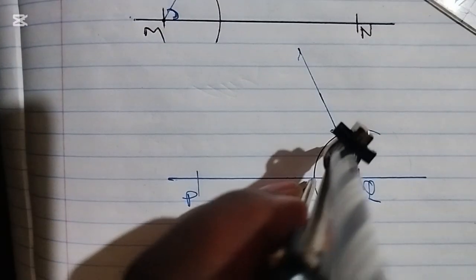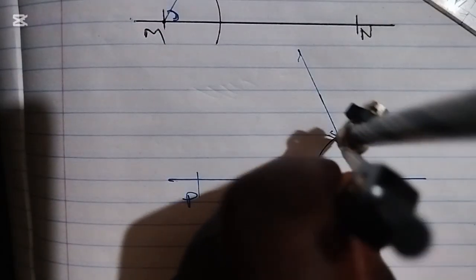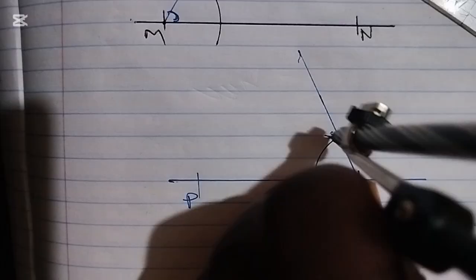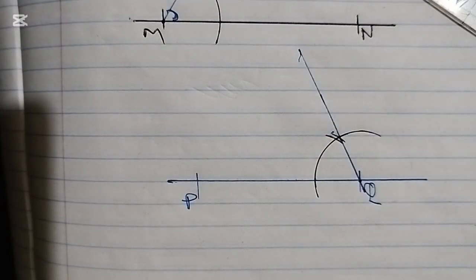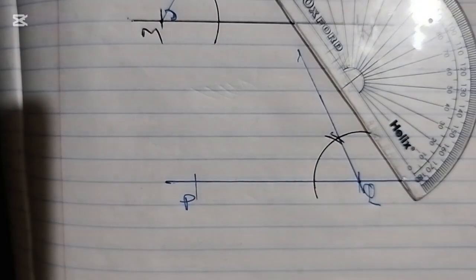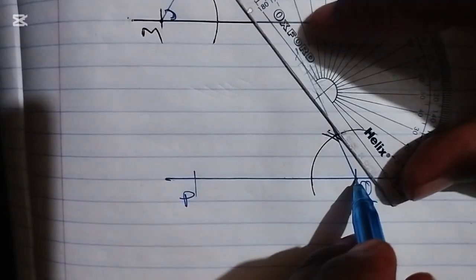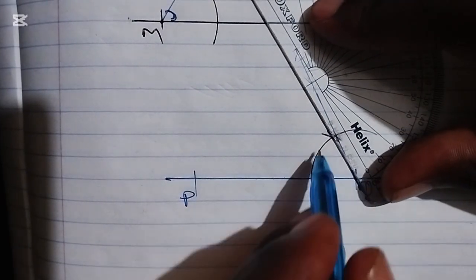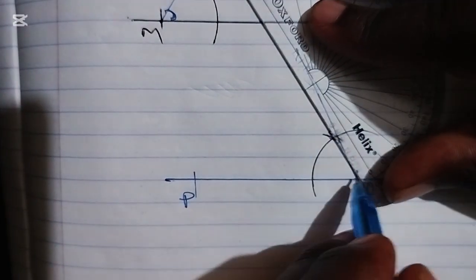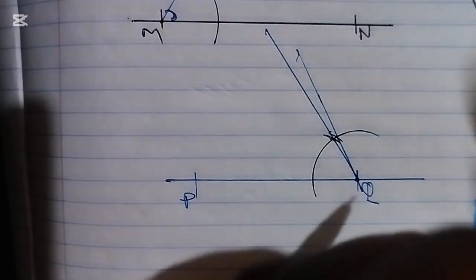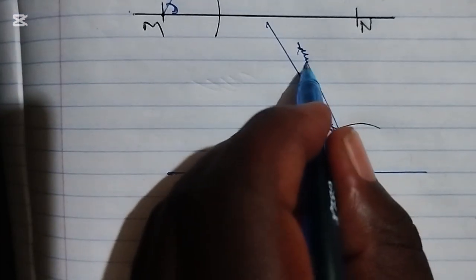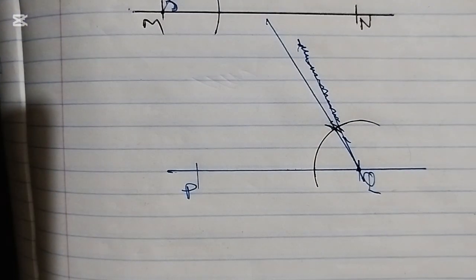That was the initial arc. I came to this point, made another arc. Sorry, I was not accurate. I make an arc here. Then when I join, this should be the path. This should be the line. Apologies for that. This one here, do away with this one. It's not correct. That should be the line.